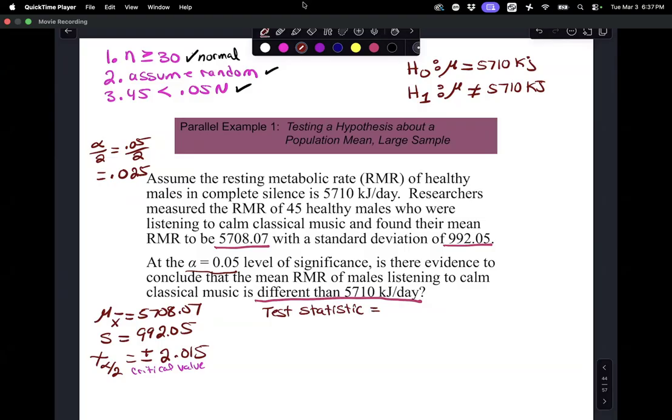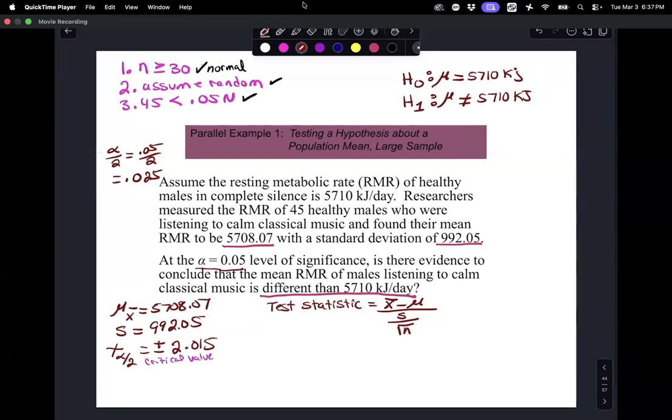Remember that is our x bar minus mu divided by the s divided by square root of n. But as before, I like to calculate my standard deviation separate. Try to make a little bit of room here. So I'm going to do that over here. You don't have to. You could put the whole thing in your calculator at one time. I just fear my own typos.